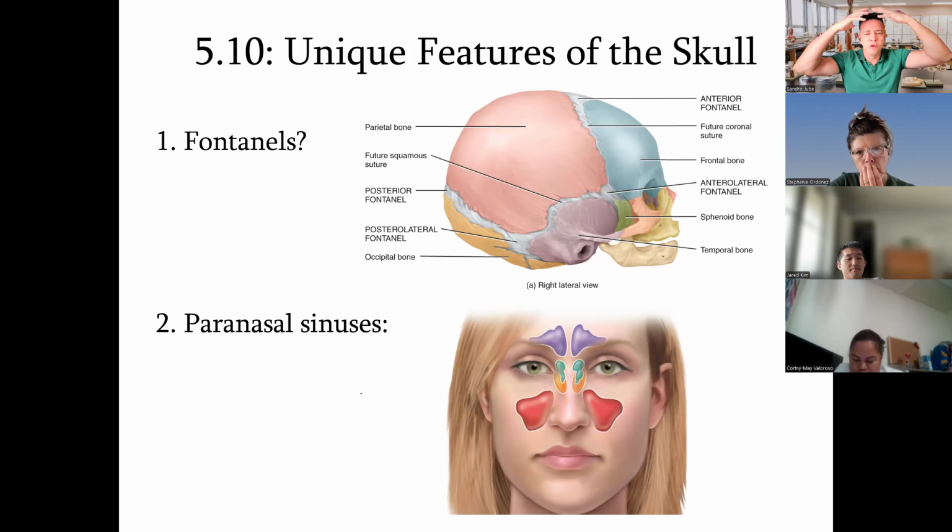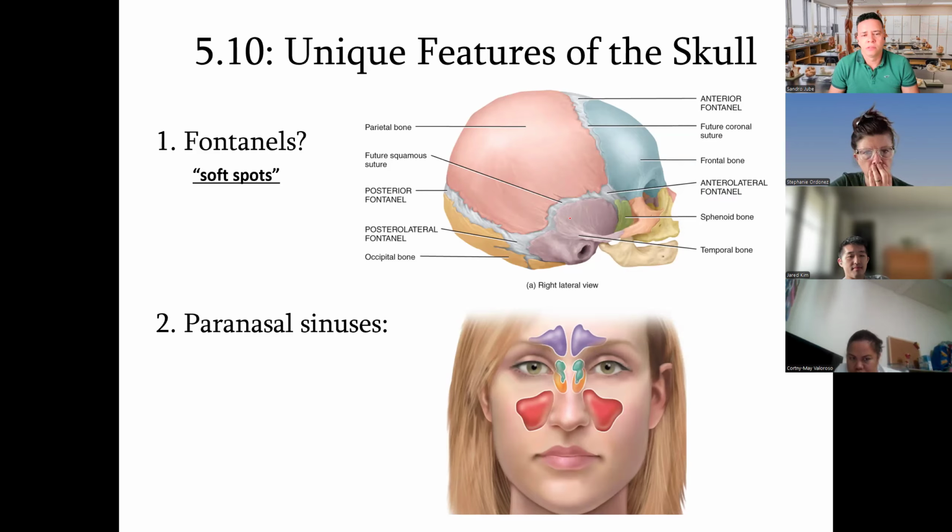They are not fused together like what we have as an adult. And what separates the plate of bones in the cranium is a soft tissue, almost like a cartilage, that we call the fontanelles. So the fontanelles, also called the soft spots, are this separation in between the cranial bones.